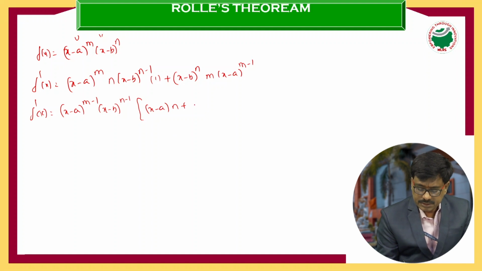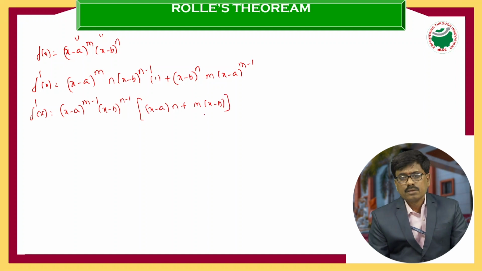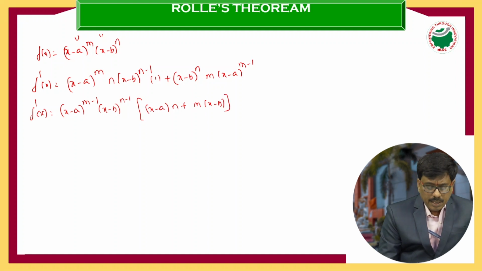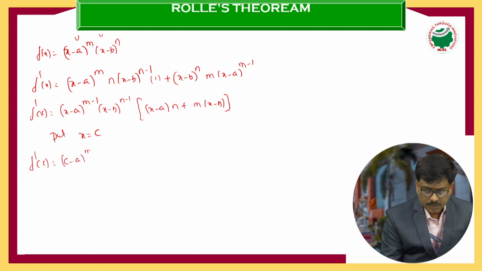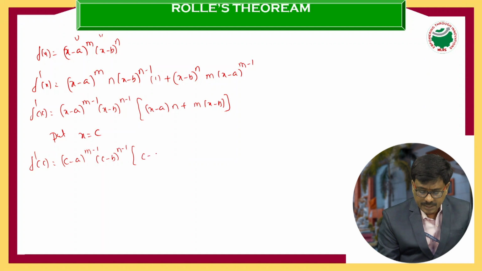The remaining term is m into (x minus b). Now, I am going to substitute x replaced by c. F dash of c is equal to (c minus a) whole power m minus 1, (c minus b) whole power n minus 1 into (c minus a) into n plus m into (c minus b).